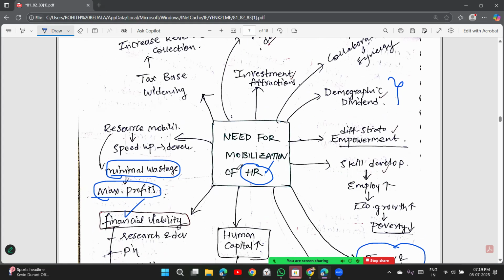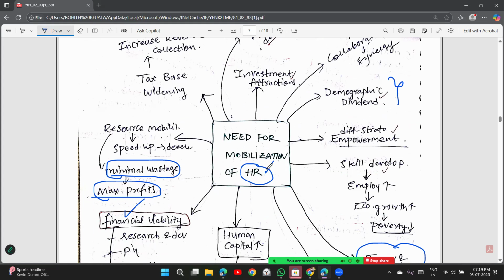And also, if everybody is doing a job, not everybody, but if the people of India are able to manage, if human resources are managed well, then the informal sector will eventually be transformed into the formal sector.